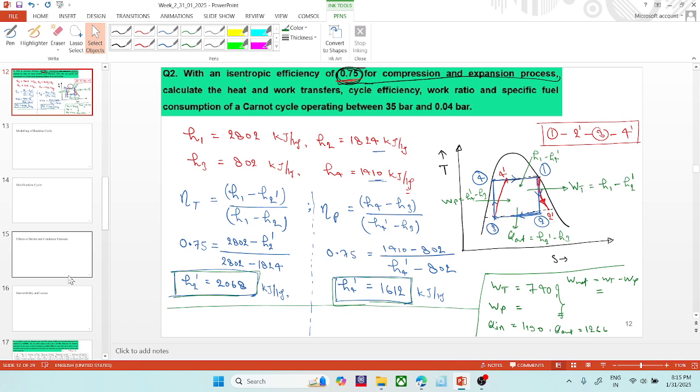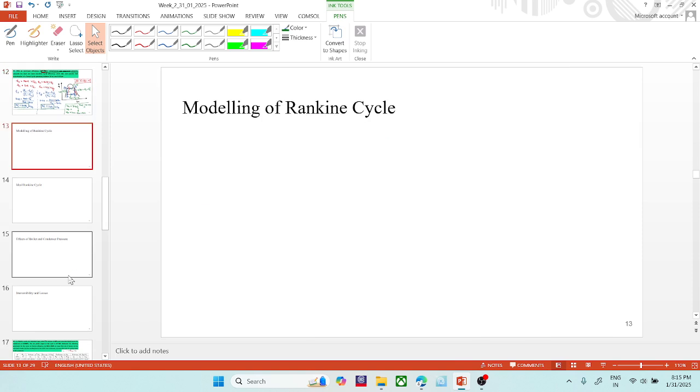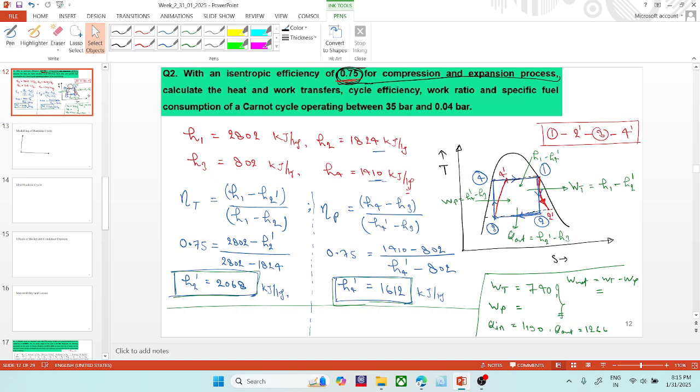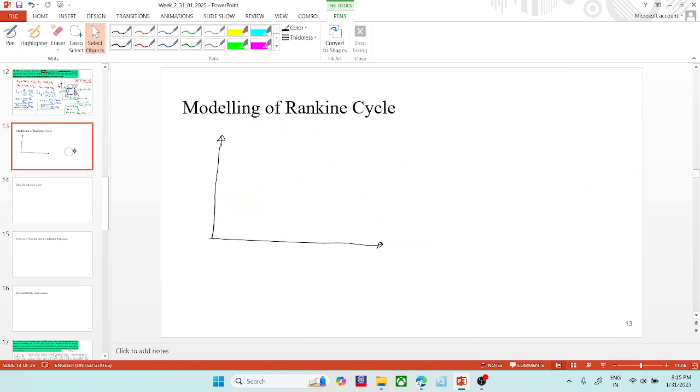Yes. Okay, so starting with the modeling of the Rankine cycle, what we have done. Here we have started with the Rankine cycle. Till now we have done with the Carnot cycle, and also we have learned that the Carnot cycle is not feasible in vapor applications.